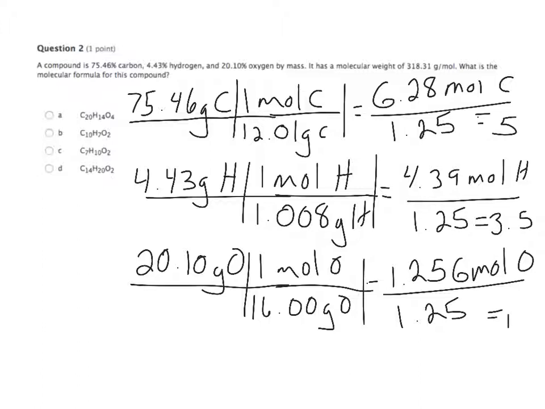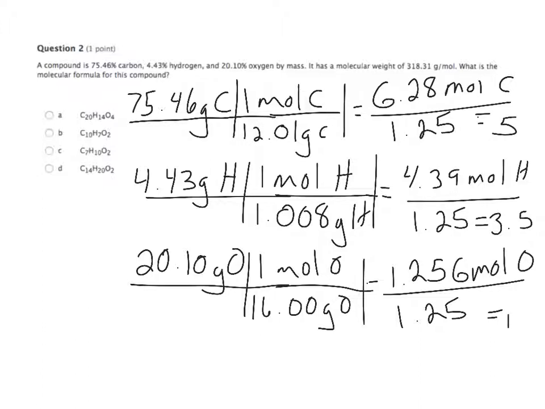So remember, when we end up with a number that ends with 0.5, then what we want to do is multiply it by 2 to make it a whole number. But if we're going to multiply this one by 2, we have to multiply all of them by 2.